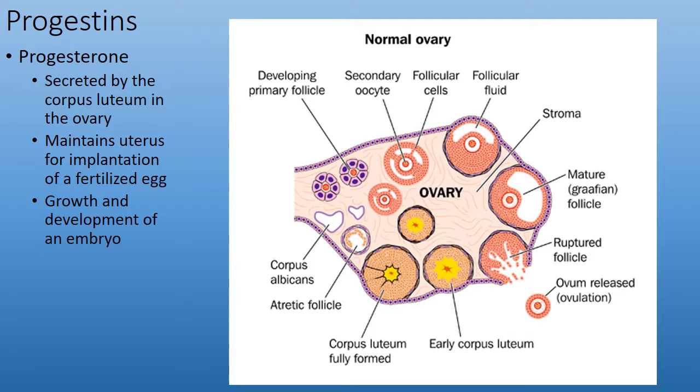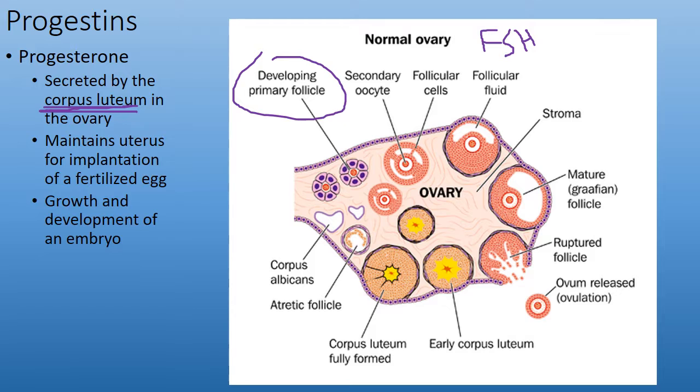Progesterone. These again are secreted by the ovaries, okay, or secreted by the corpus luteum. If you take a look here at the development of the actual ovary, we see a developing primary follicle. Now, FSH is responsible for developing the follicle here.